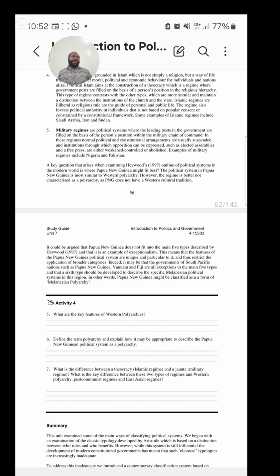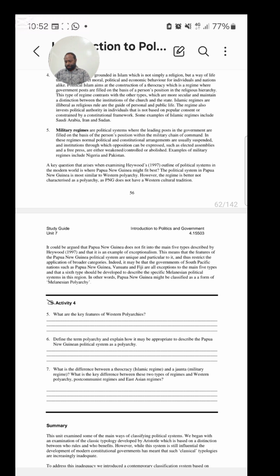If you see, let's say, I forgot Saudi Arabia's leader, bin Salman. Okay, if you see him, when he goes to international leadership summits around the world, you will see him in traditional Islamic attire. You will know that the country, Saudi Arabia, falls under the typology of an Islamic regime.